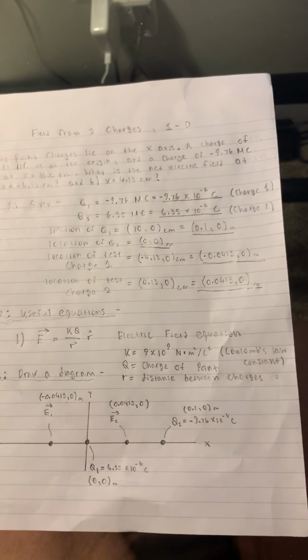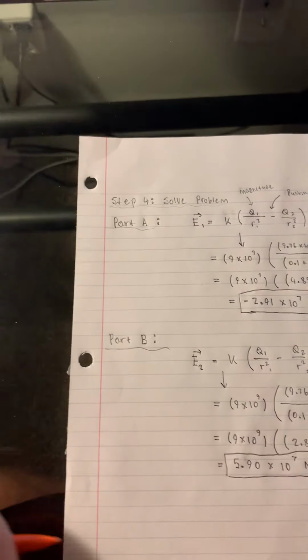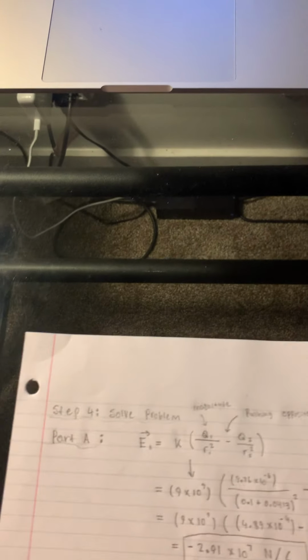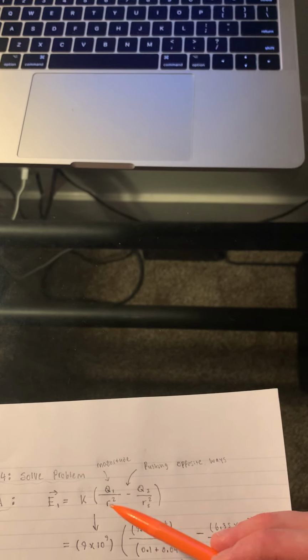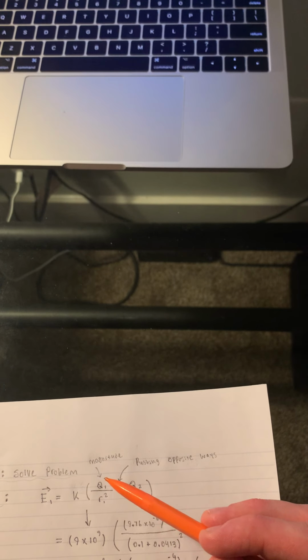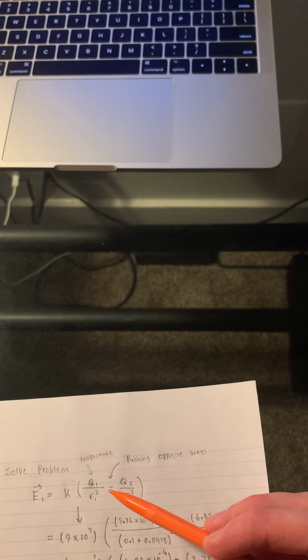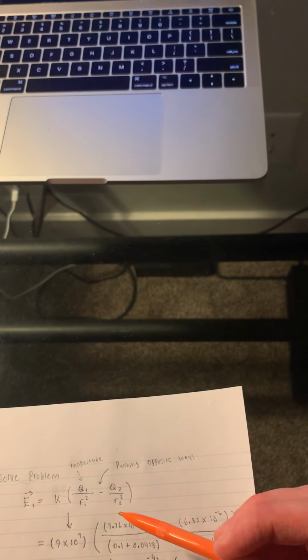Okay. And now we will move into step 4, which is actually solving the problem. We take our useful equation, and in this case I'm calling it E1 because that's test charge 1, which is equal to K times Q1 over R squared minus Q2 over R squared.